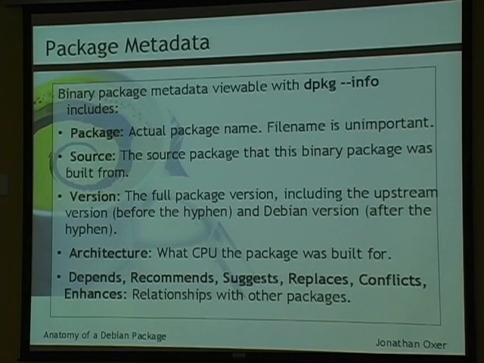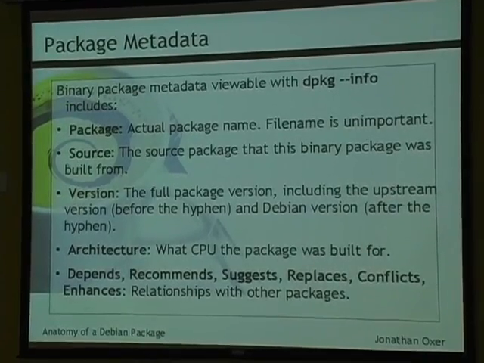The actual source. This is another thing that's interesting about Debian packages. You can build multiple binaries from a single source. PHP is a good example. Within the original PHP source tree, there are a whole lot of modules that are built out of it. On the end user system, you might want to have modules available as separate packages, not one monolithic PHP package that includes everything.